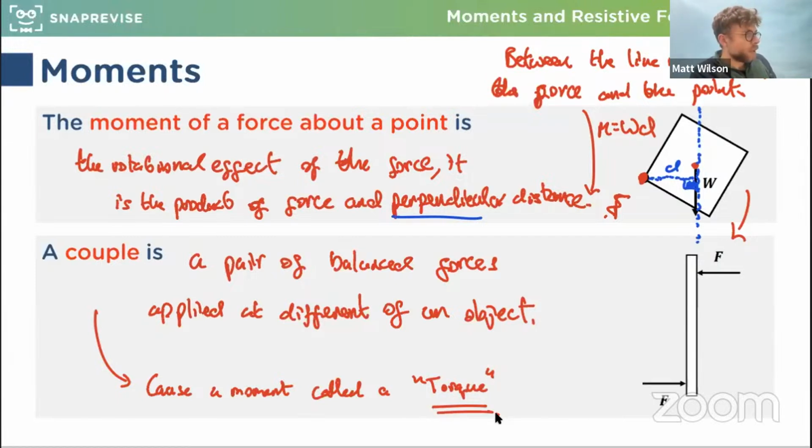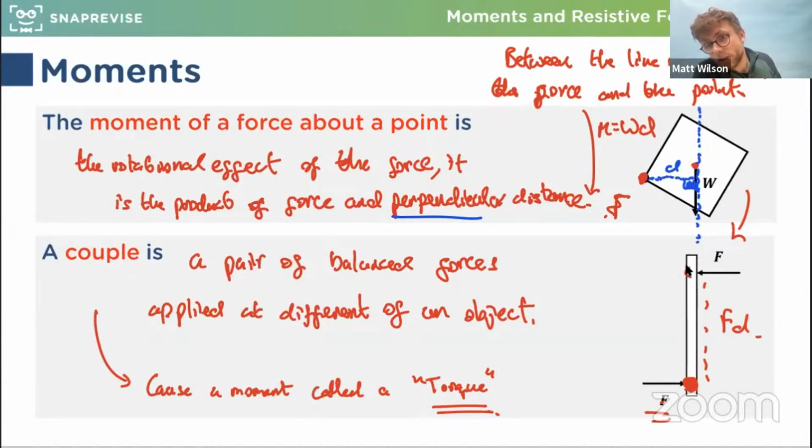Good. Okay, so you can calculate the moment due to this pair of forces. You do it just like with any other one. Actually, it's simplest to choose the point you're calculating around to be where one of the forces is, because then that force causes no moment, and the total moment here is just F times D, F times the distance between the two forces.